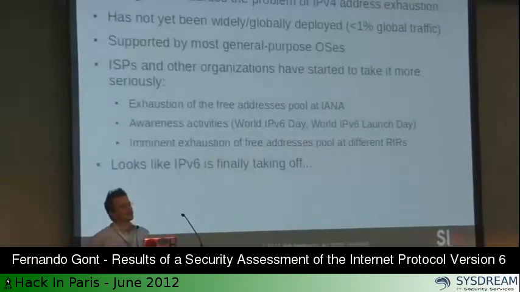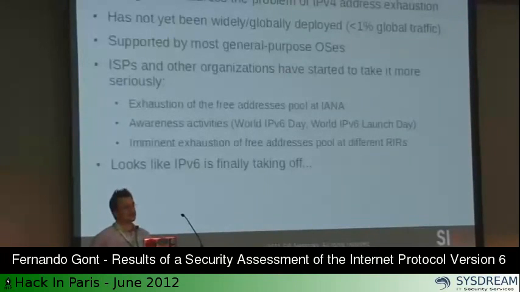IPv6 has been largely ignored for many, many years. And in the last few years, ISPs and other organizations have begun to take IPv6 more seriously, probably as a result of a number of events that happened during the last few years. One of them was the exhaustion of the central pool of free IPv4 addresses at IANA. IANA is the organization that administers the IPv6 and IPv4 addresses.